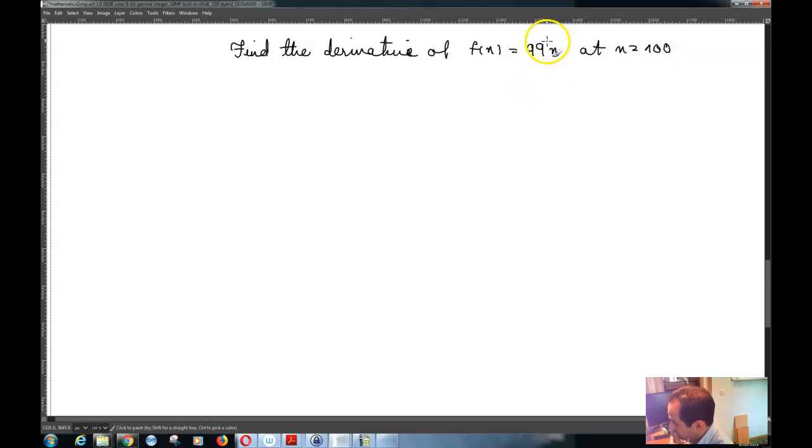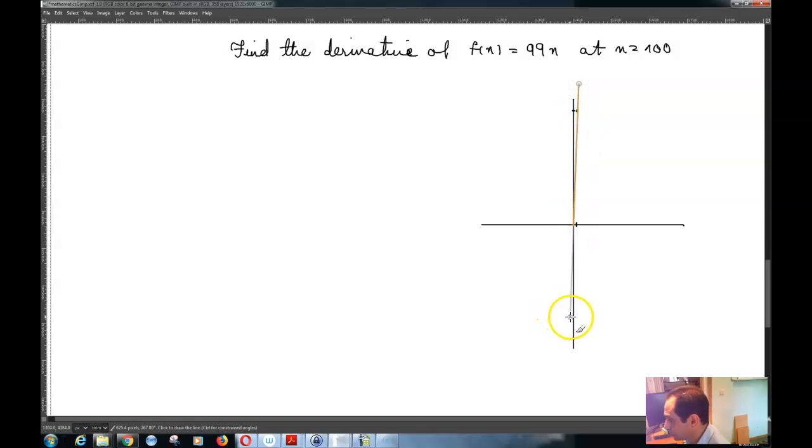So basically this is a straight line whose slope is 99, meaning that the graph of this function is just a straight line with a slope. For example, if I call this 1 unit, and if I call this 99 units, then the function basically goes through these 2 points.